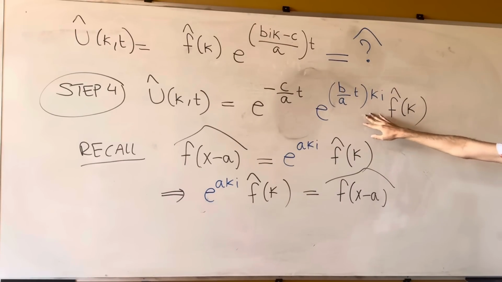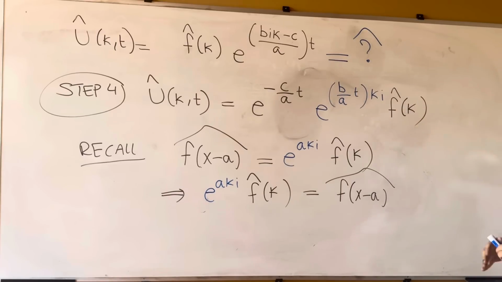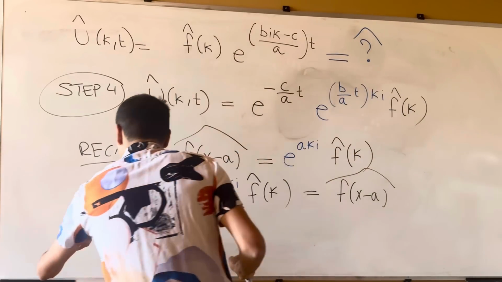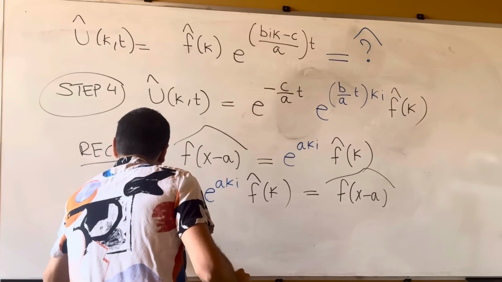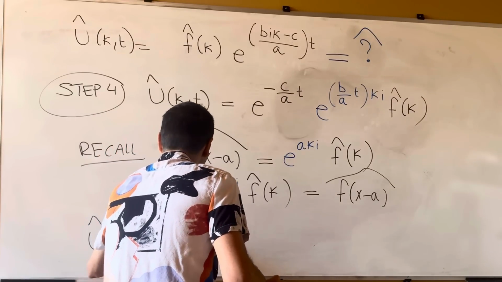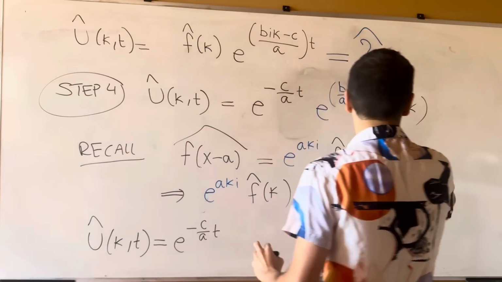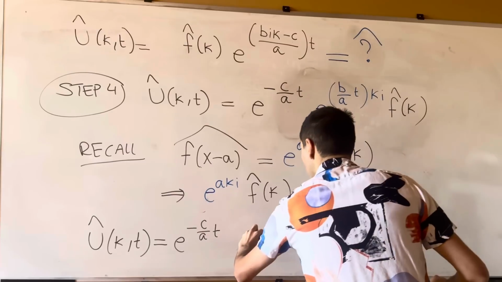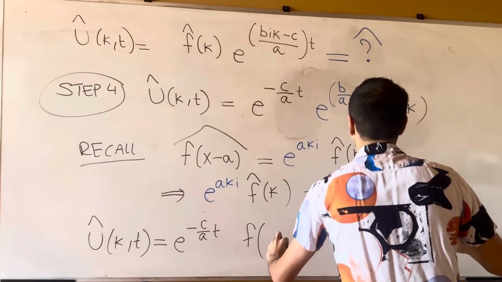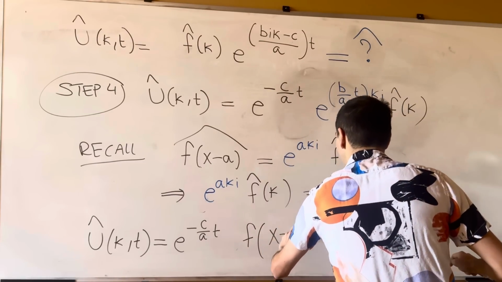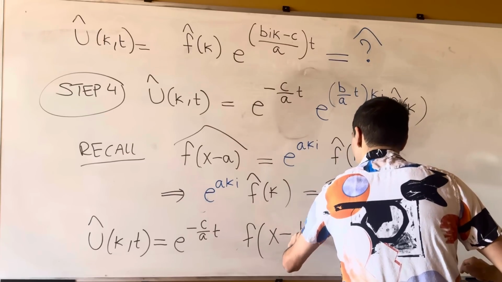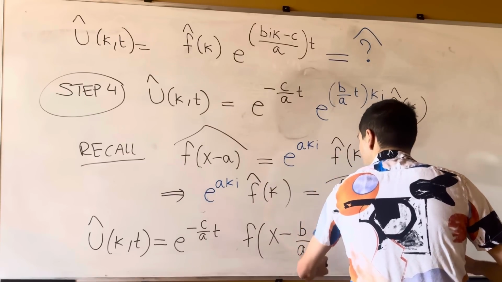So what will happen is this will shift the function. So you have u hat of kappa and t is e to the minus c over a t, and now f, in this case, of x minus b over a t, hat.